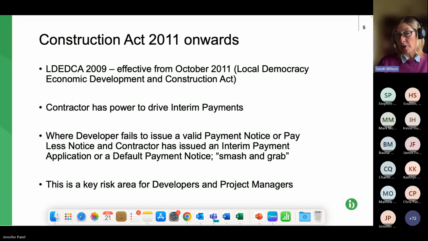At which point the contractor would say, well, this new Act says you've got to pay me in full the sum that I've applied for in my interim payment application. Quite often the paying party would say, oh, absolutely not, I don't want to pay that. Didn't mean to forget, I forgot to submit the notice. I didn't mean to not submit it. And therefore, to get that money, the contractor started an adjudication simply on the lack of the notice.